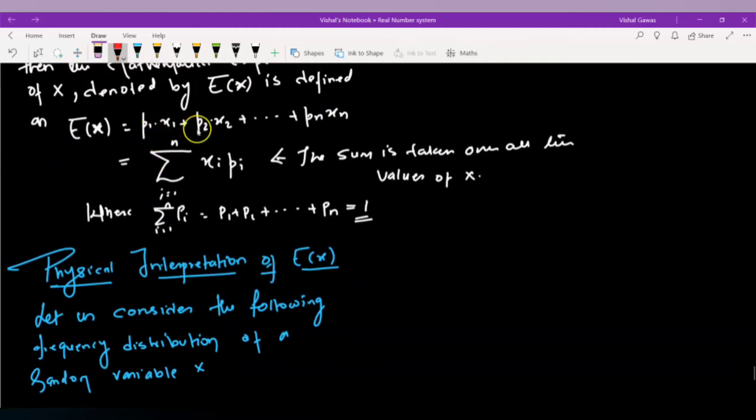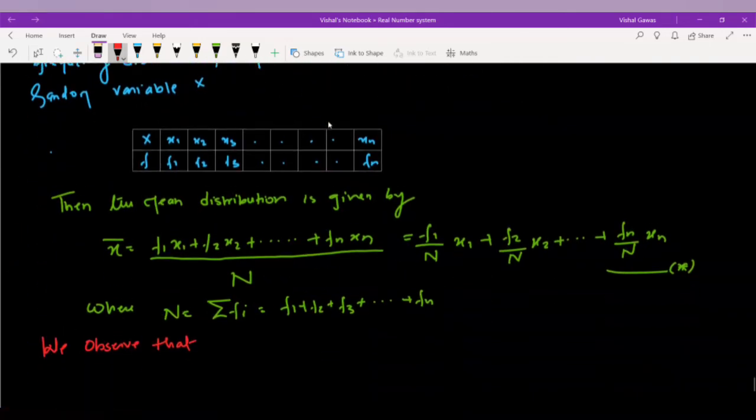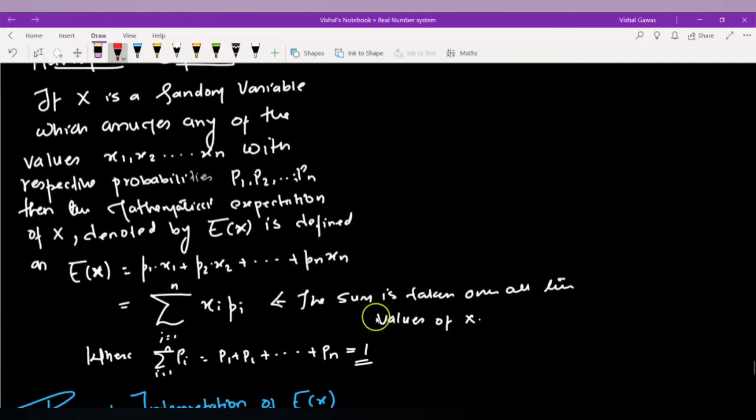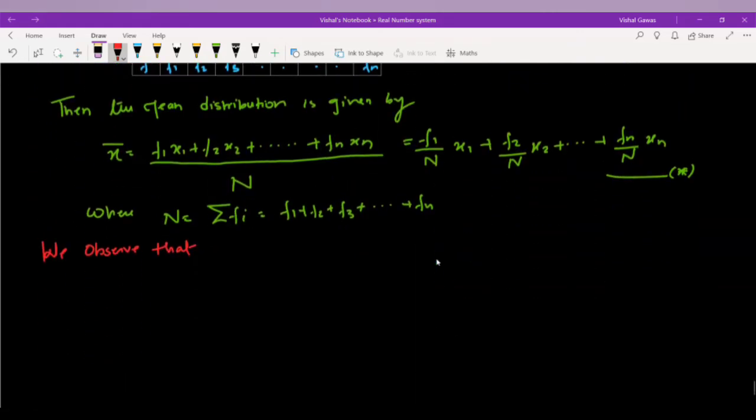It's like p1 x1, p2 x2, p3 x3, so on up till pn xn, isn't it? Right? And if I compare this, let me name this as hash, right? If I look at hash and if I look at star, then what would we observe?